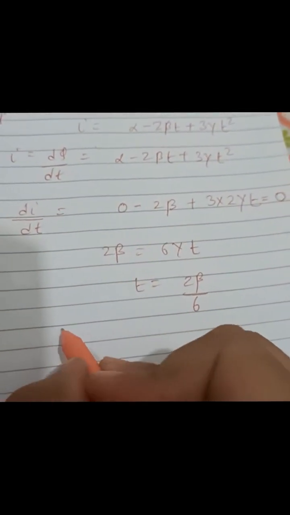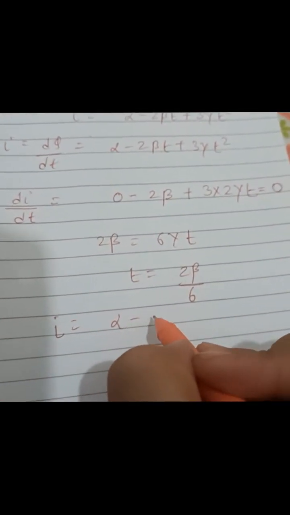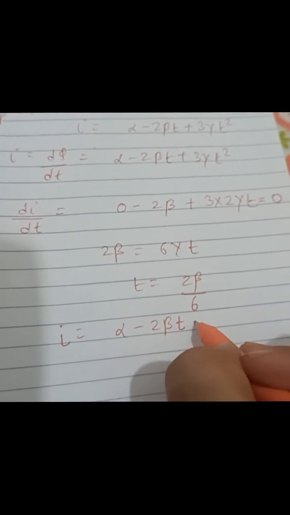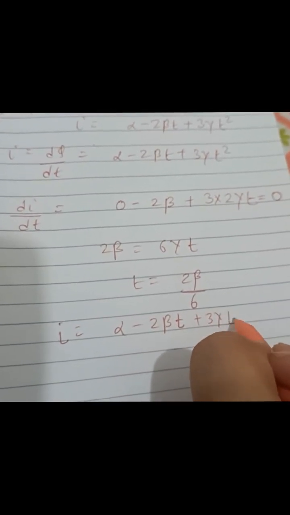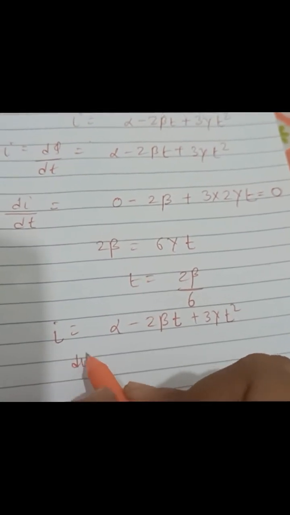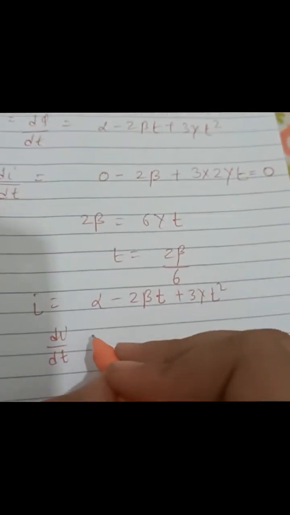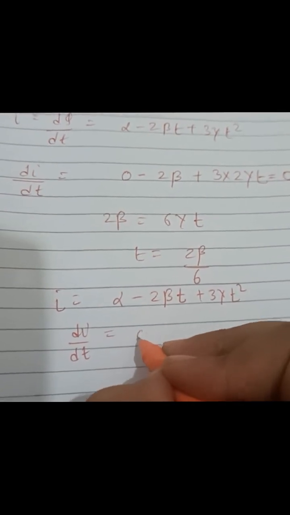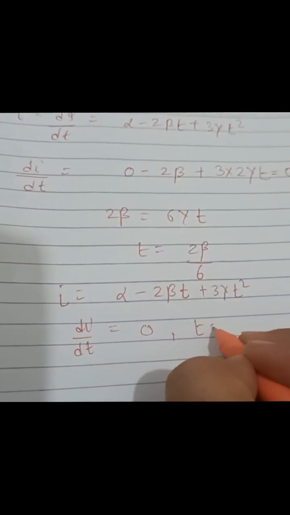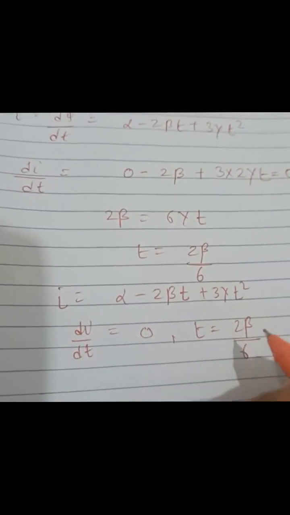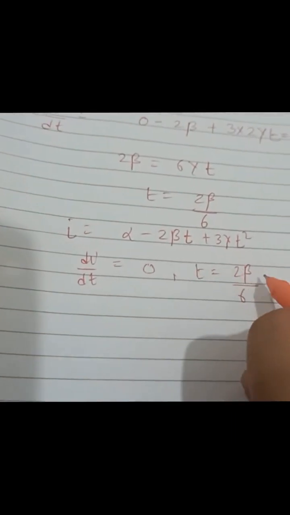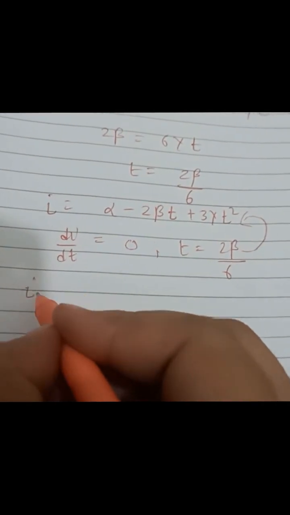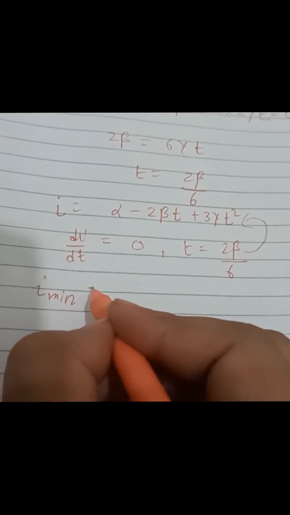Now we know that I equals alpha minus 2 beta t plus 3 gamma t square, and dI by dt is equal to 0, and from this we get t. Now we put this value into this equation and find the minimum value of I.